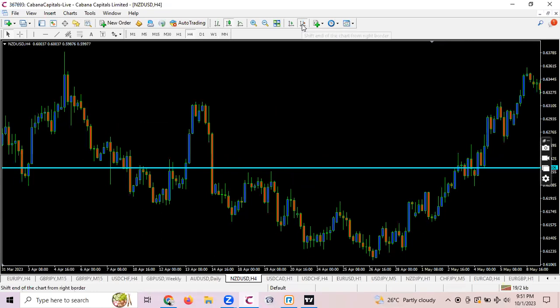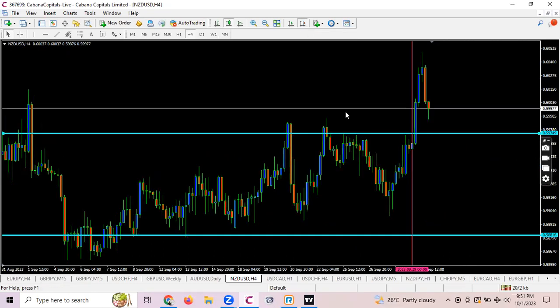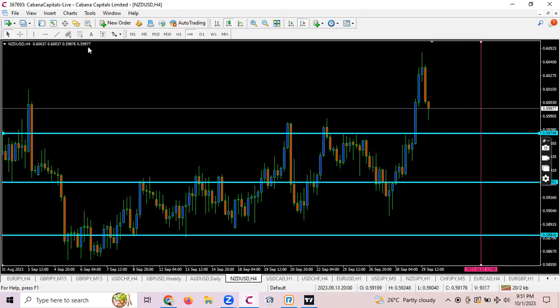Wait for price to pull back. I think we have one here. This is a fair value gap. This gap has to be filled.